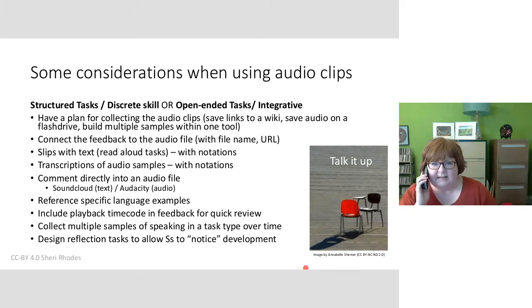For the read-aloud tasks, the things that are very controlled, maybe you're focusing on a pronunciation feature and you give them some reading text to do with that. Quickly, easily print out slips of a page with multiple examples of that, chop it up, and then as you're just going through and listening to each student's 45-second, possibly, clip, you can quickly make some notations right on there. It's something then you could give them the slips, ask them to make the notations, give the slips to a peer, have them make the notations.